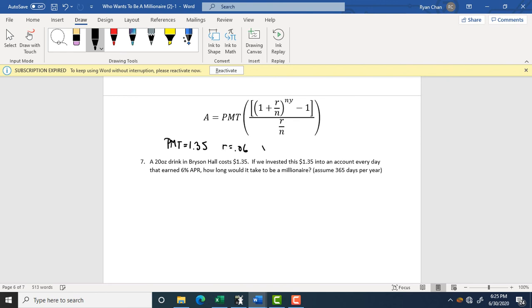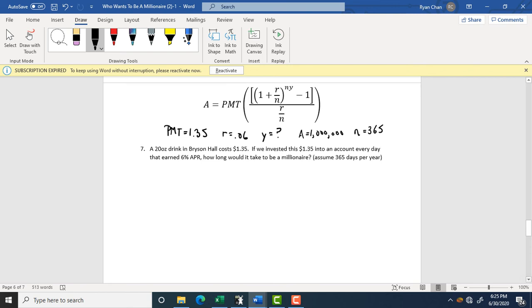Now notice I don't know time, and I know my A is going to be 1 million, because we're trying to figure out how long it'll take us to get $1 million. Assume that N is 365. So this one's a little tricky, because this time we are trying to find Y. So let's talk about how we would do this here.